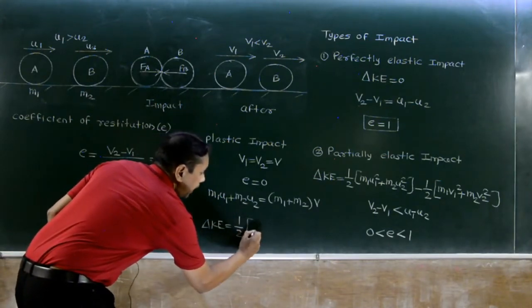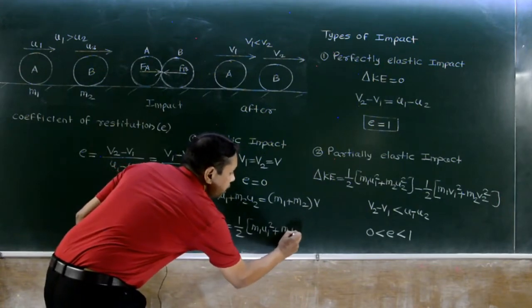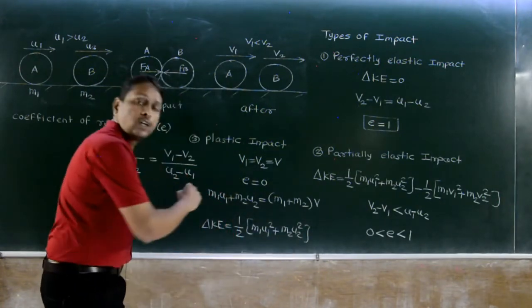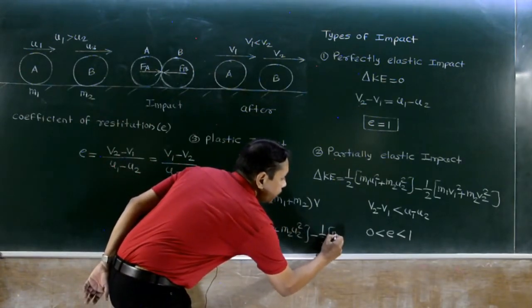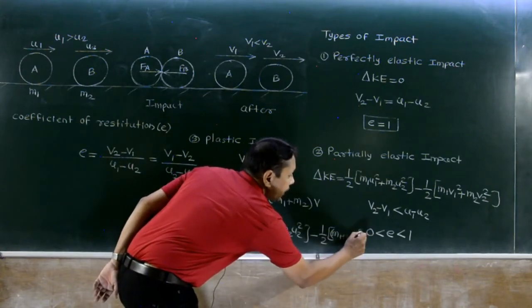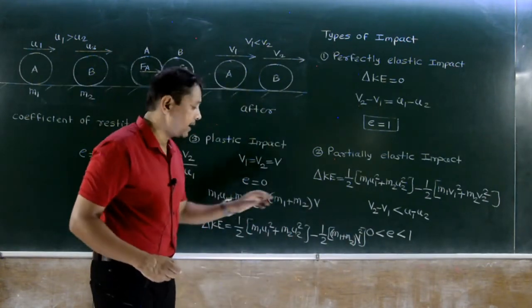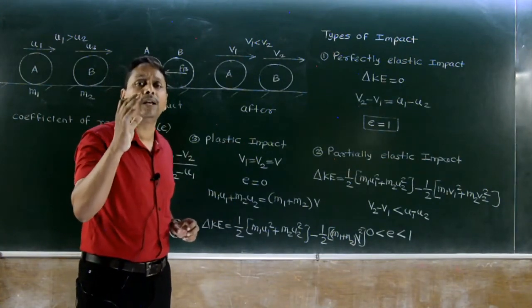And how is kinetic energy measured? 1/2 (m1 u1 square plus m2 u2 square), which is the kinetic energy before, minus 1/2 (m1 plus m2) into v square. This is the way to find the loss in kinetic energy during plastic impact.